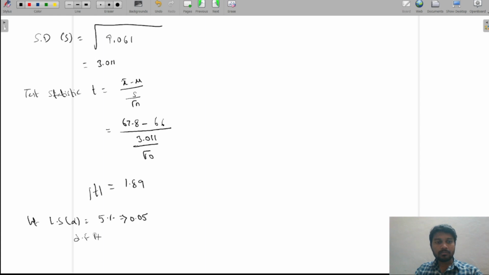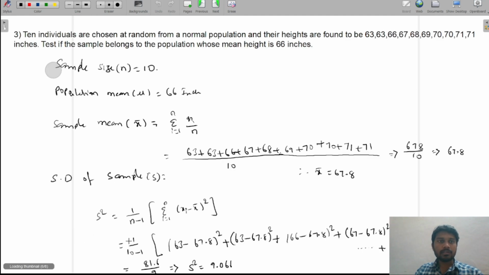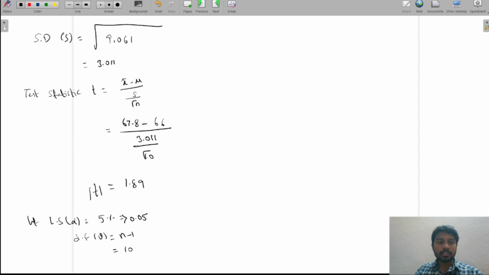Degrees of freedom nu equal to n minus 1. What is the value of n here? 10. 10 minus 1 is equal to 9. So this is the value of nu. Then, for the combination of alpha 0.05 and nu equal to 9, what is the critical value?